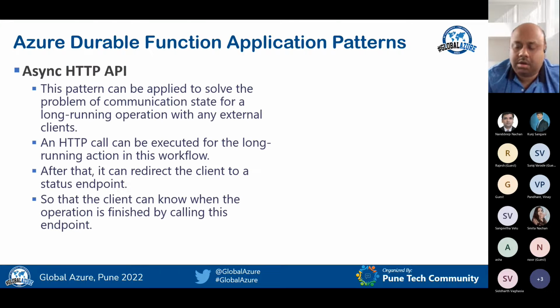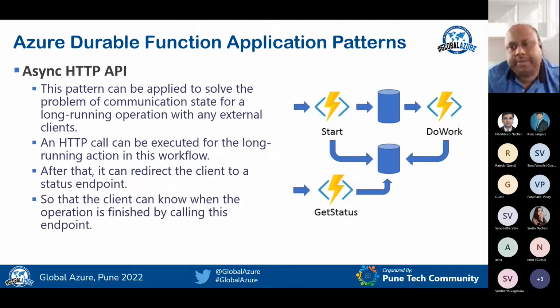Another pattern of Azure functions, which we rarely use, is the async HTTP API. It depends upon the status of the work. This pattern can be applied to solve the problem of communication state for long-running operations with an external client. We only need this concept when we communicate with an external client or external resource, and that process can run over a long time span.